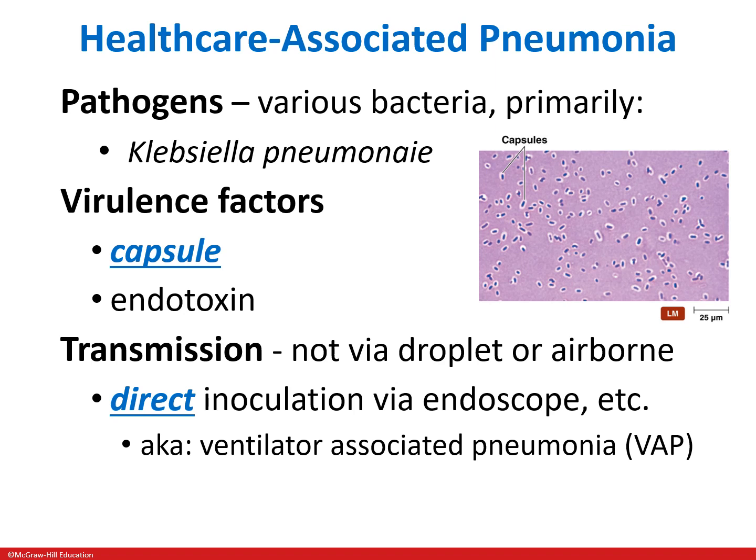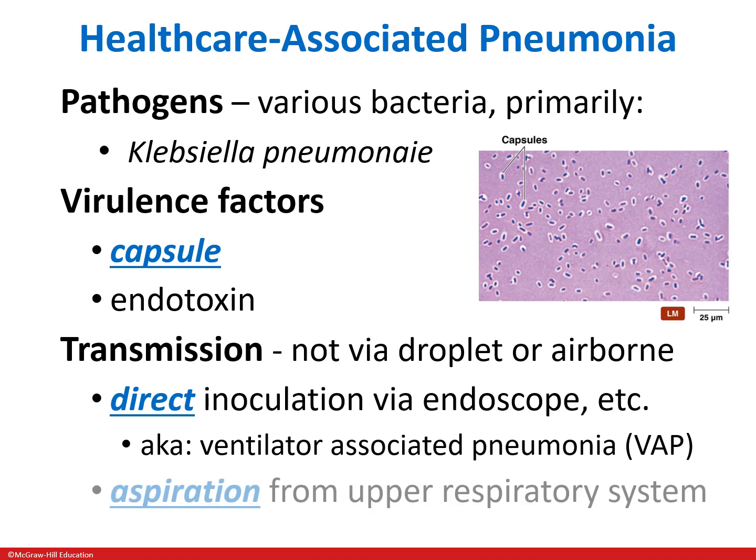So someone goes in for a surgery that's completely unrelated, gets an endoscope or a ventilator or something that has not been properly disinfected, and the bacteria is then directly inoculated into the tissues where it will take its effect.